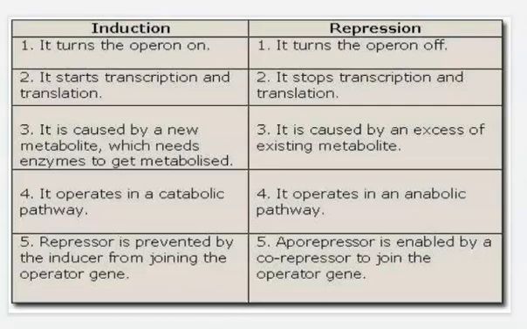The repressor is prevented by the inducers from joining the operator gene. In repression, the aporepressor is enabled by a corepressor to join the operator gene. For example, as we said earlier, the TRP operon. TRP is nothing but tryptophan. The TRP is the corepressor or repressor.